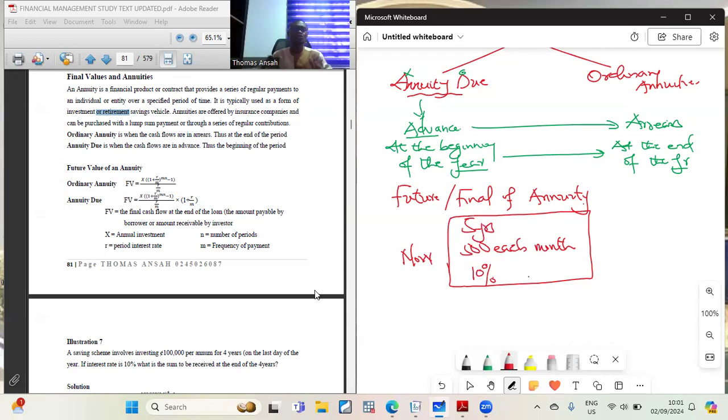All right. So we use the formula we learned in the part 1 video to actually determine how much we will get. And so the question now becomes, okay, say you said annuity due, ordinary annuity. Which one is this? So you see, the timing of this one matters. Is the 500 cedis that I'm depositing every month, is it at the beginning of the month?